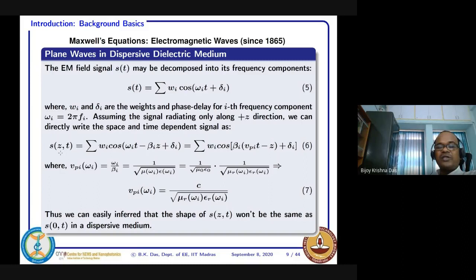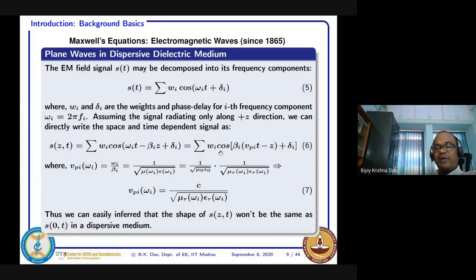Now, to find the signal at z, we introduce a z-dependent term, omega i t minus beta i z plus delta i. You should differentiate Wi and omega i, they are different basically. As a function of z, you just introduce this additional value beta i.